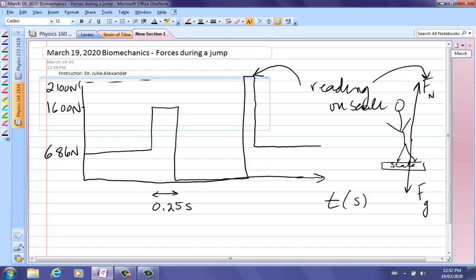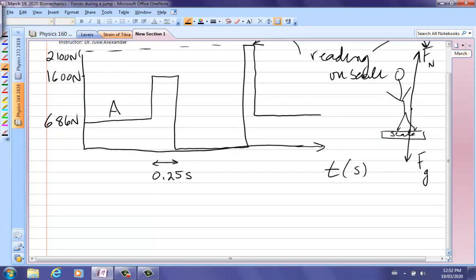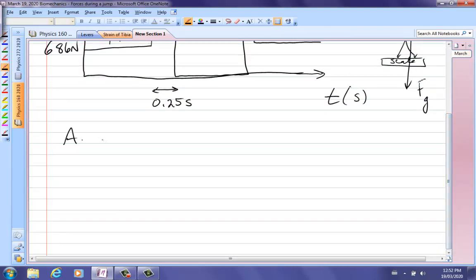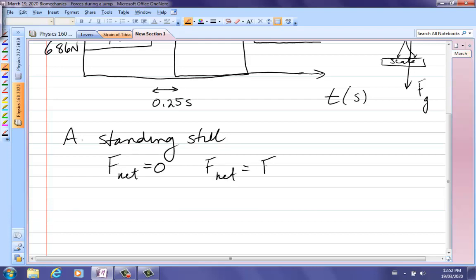Now, it goes through various stages of this jump. So the first stage here, A, you're just standing still. That means your acceleration is 0. That means your net force is 0. And the net force is always up minus down, so it's the normal force minus the force of gravity, and that's equal to m times a.